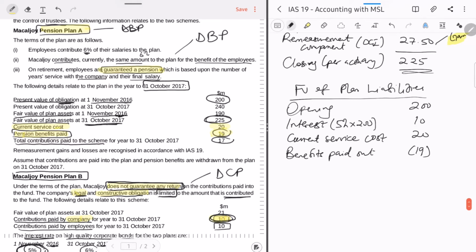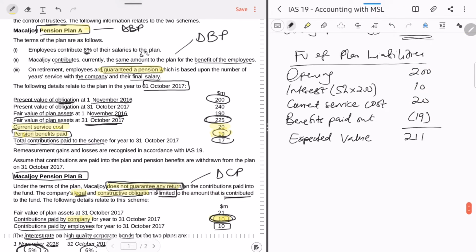Then this will give you your expected value. So what is our expected value? My calculator. So I need 200 plus 10 plus 20 minus 19. That gives me 211. So 211.